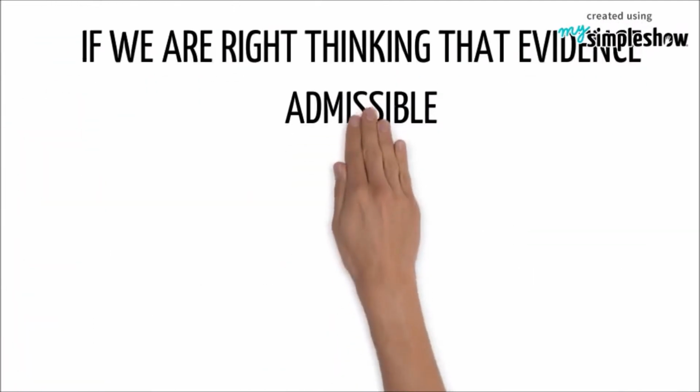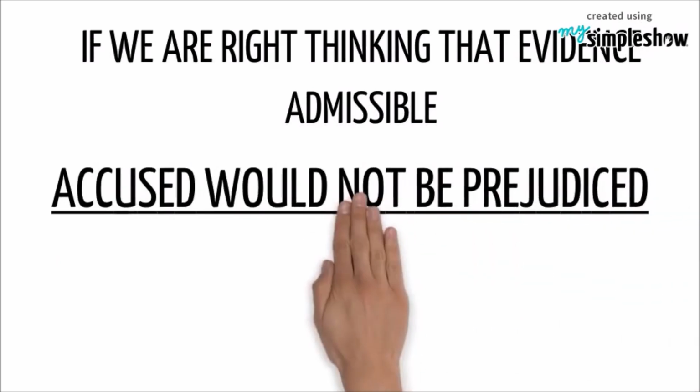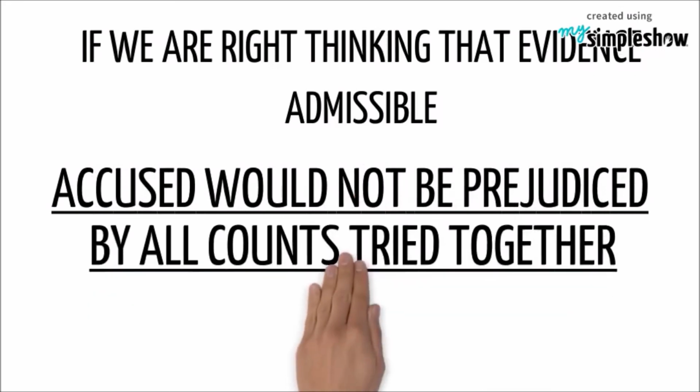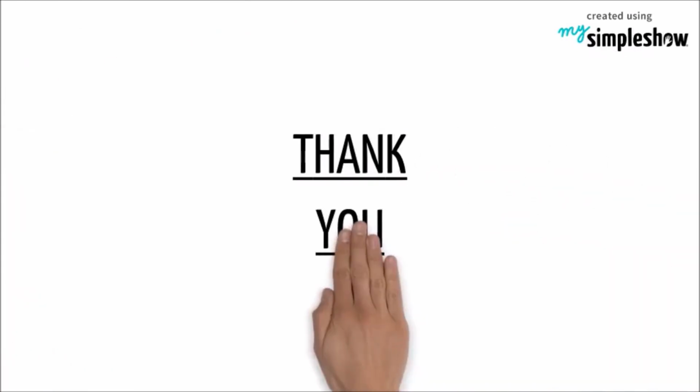If we are right in thinking that the evidence was admissible, it is plain that the accused would not be prejudiced or embarrassed by reason of all the counts being tried together, and there was no reason for the judge to direct the jury that, in considering whether a particular charge was proved, they were to shut out other charges from their minds. With that, thank you.